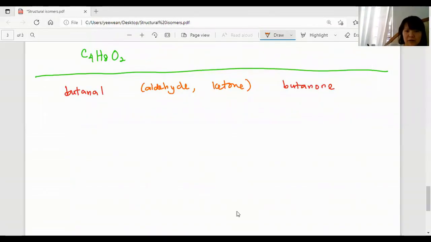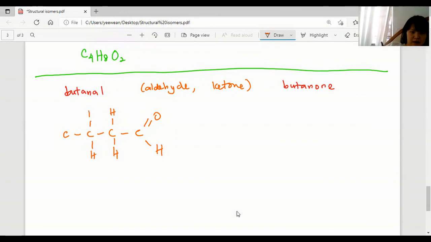Next functional group isomer, aldehydes and ketones. An example here, butanal and butanone. 1, 2, 3, 4. C double bond O. CHO here shows that it's an aldehyde. And a butanone would have the same number of carbons, 1, 2, 3, 4. The same number of oxygen. Let's move it here.